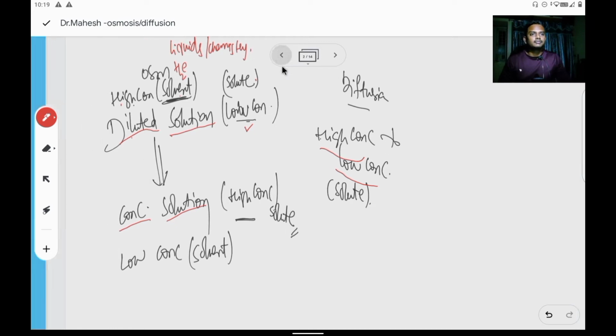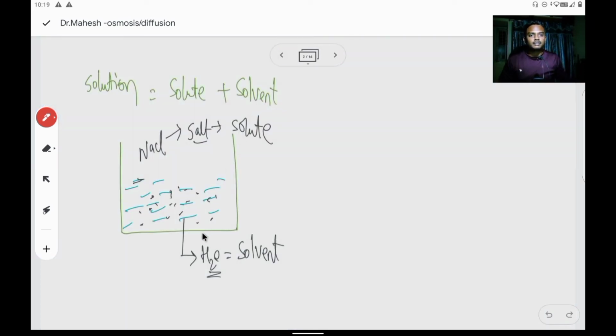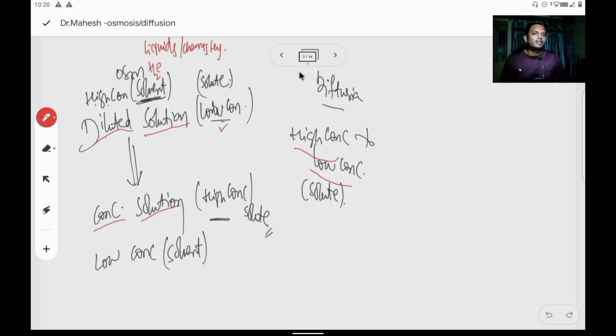What is solvent? In which the solute dissolves is called the solvent, and what dissolves is called the solute. That is easy. So this is the main thing in osmosis and diffusion.